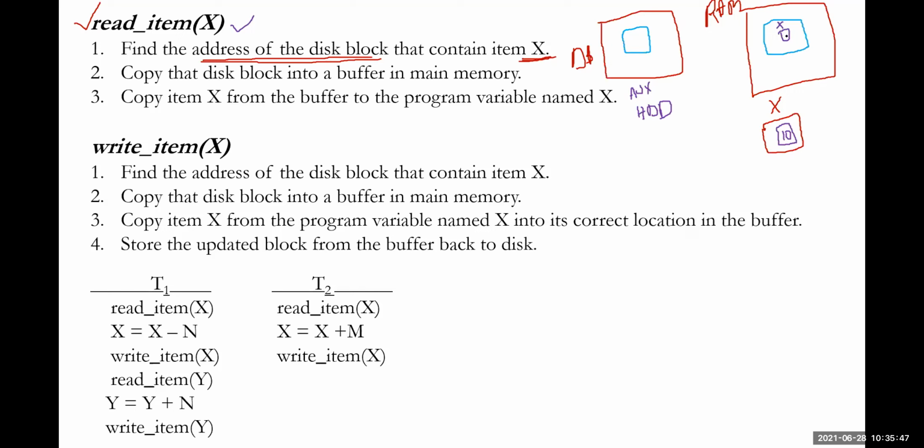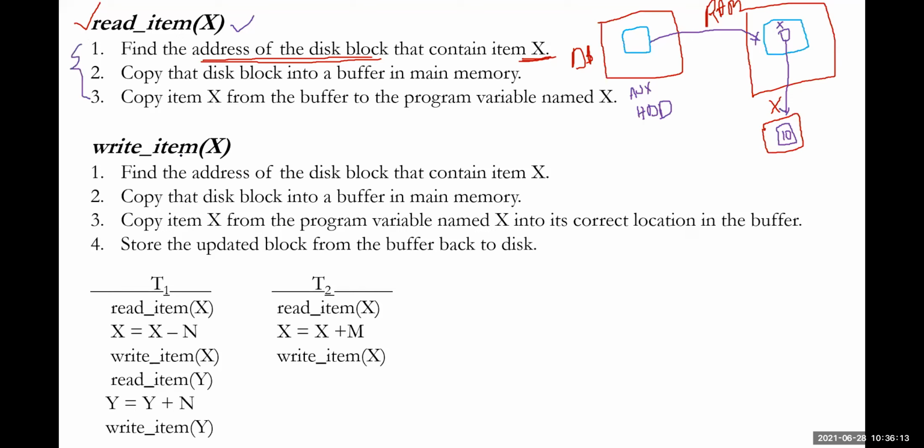Within that copied block, identify the address of X. We need only the small content, that is 10 or 20. Only that particular value is required for us. That value can be identified and placed into our actual program variable. These are the three steps which could be done here.